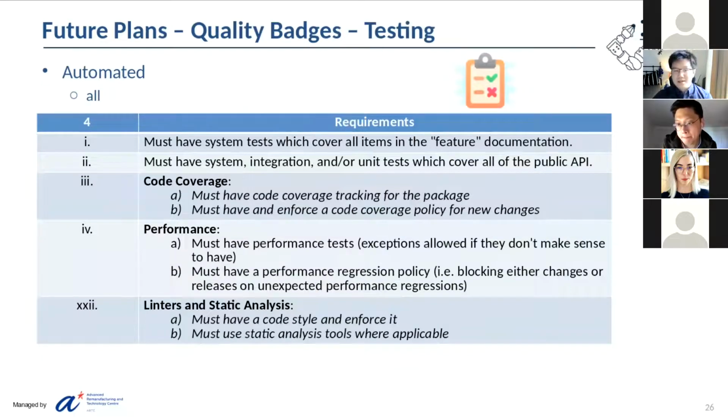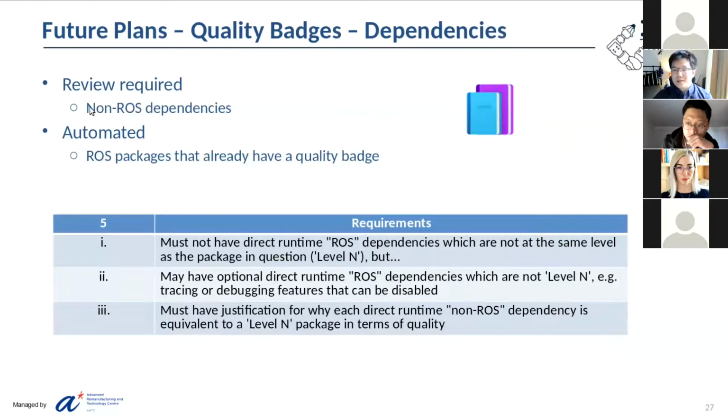For automated testing, nearly all of the things can be tested automatically, and that is why industrial CI is recommended to do all of these tests. Next, for dependencies, reviews are required for non-ROS dependencies because, as is stated here, for non-ROS dependencies, you also need to apply all of the criteria that is defined in REP 2004 and evaluate the quality level separately.